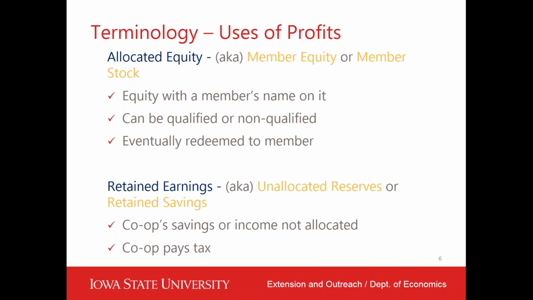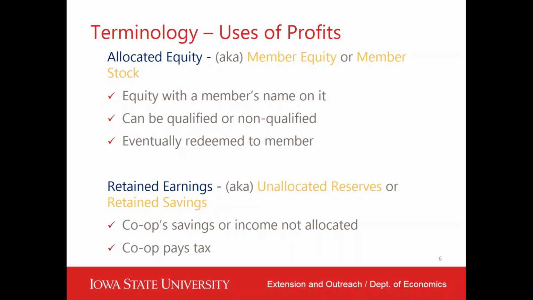Also, in terms of the uses of profits, when we talk about the patronage line, in the allocation of profits we're going to distinguish between allocated equity and retained savings. Allocated equity is also called member equity, member stock, or allocated membership stock. There are a million different names for this, but if it has the words allocated and equity in there, essentially it's equity in the member's name at the co-op, in the equity section on the co-op's balance sheet.